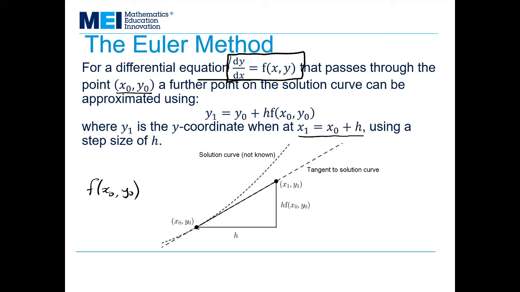What we're assuming here then is that for a small step along in x, the gradient is not going to vary very much from where it was. And our solution curve, which we don't actually know, the approximation to it is given by this new point x1, y1.